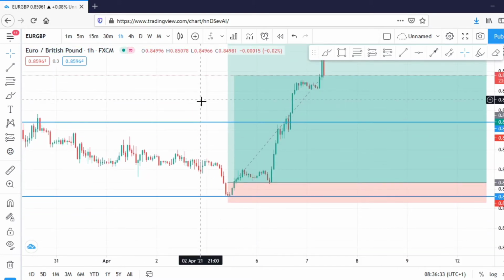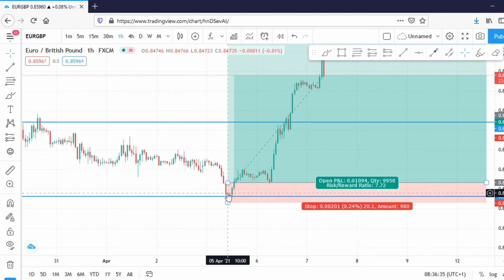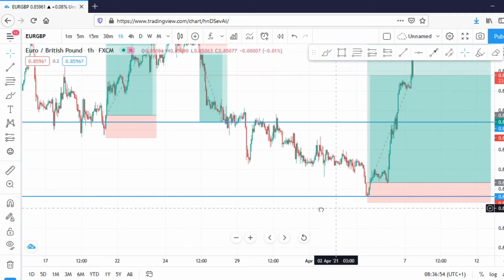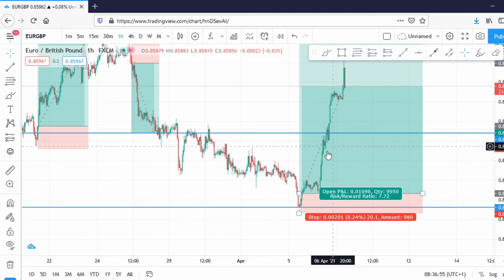When price came and formed this tweezer bottom, I waited for confirmation. Immediately this bullish candle formed. I put my buy stop order here, which was triggered, and price has been moving up since. So that's how I took this trade that I'm currently in.